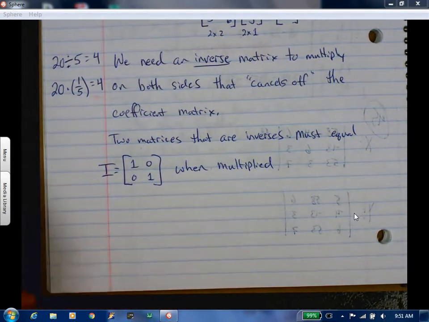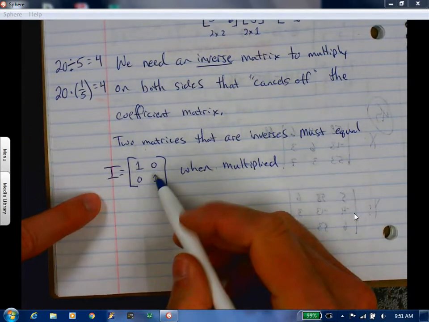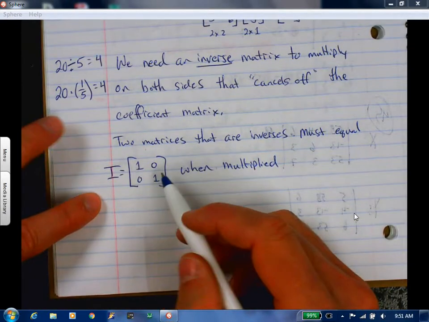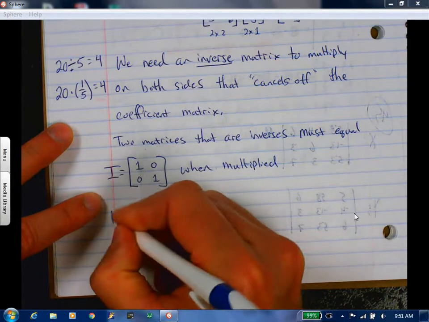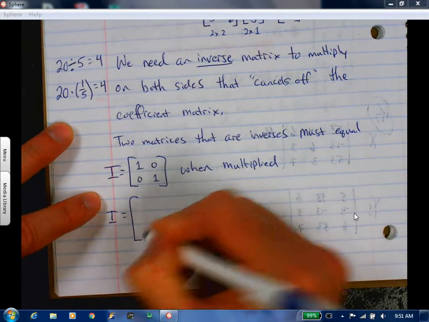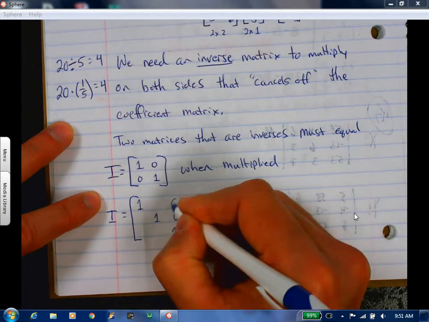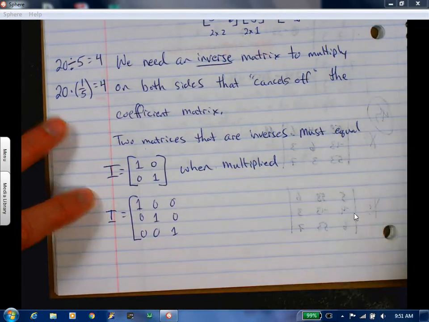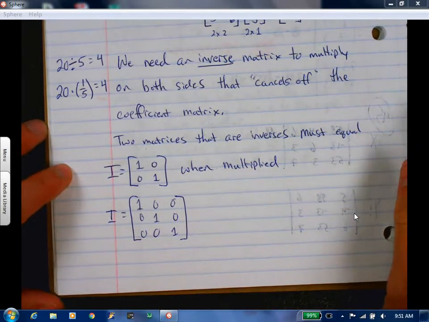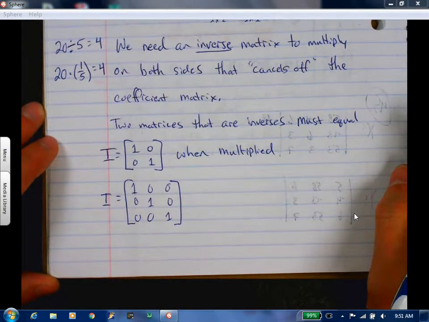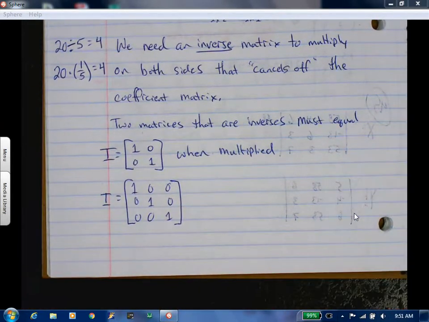So let's say we don't have a 2 by 2, we have a 3 by 3. It would be 1s down the main column, 0s everywhere else. That's the identity matrix. Yep, a lot of binary.